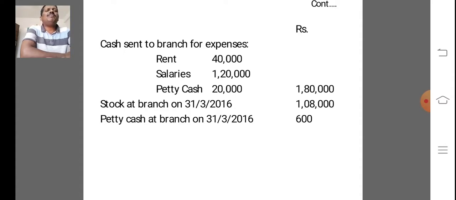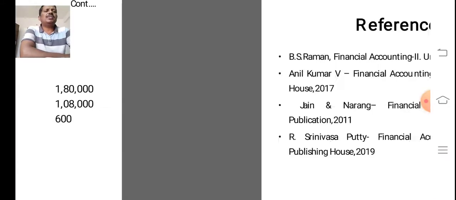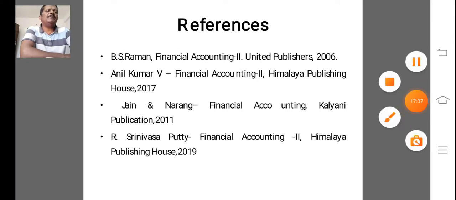So based on the information, prepare branch account in the books of head office. What type of information is given, and what type of items we are taking, debit side or credit side, that is very important. So these are the references given for your further study.